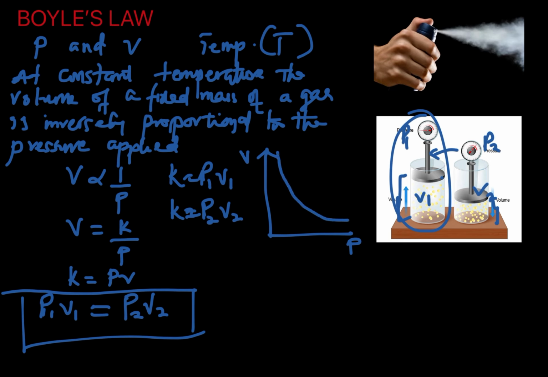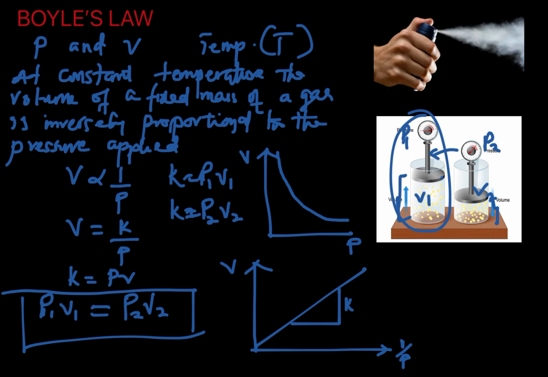However, if we alter one of the parameters, like saying, okay, now let's make an inverse of P, then we get a straight line. This stands to reason that if you plot a graph of V against 1 over P, you're going to have a straight line with a slope that is equal to the constant of proportionality.